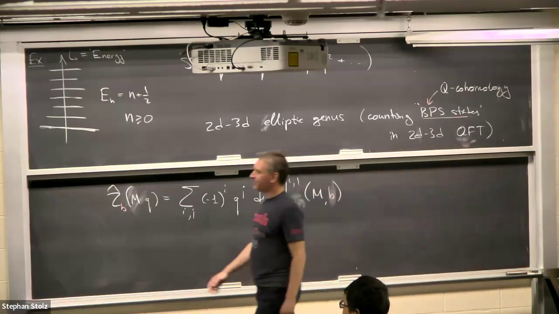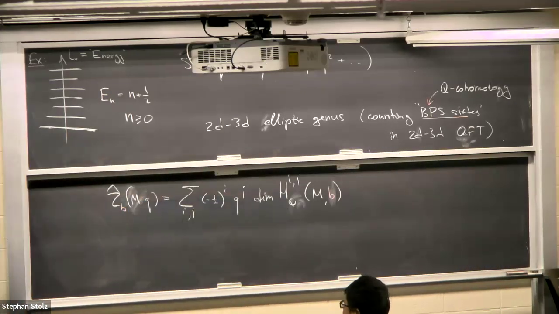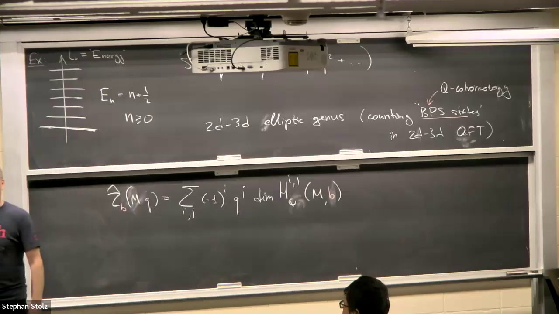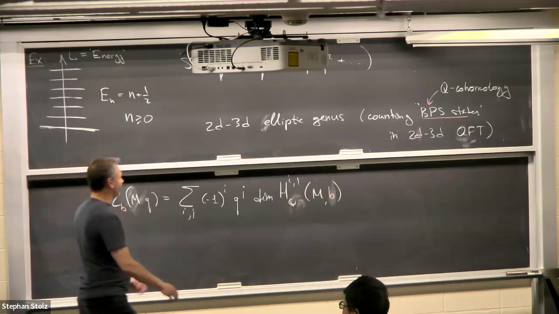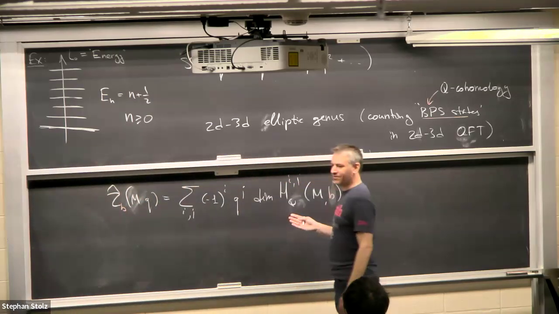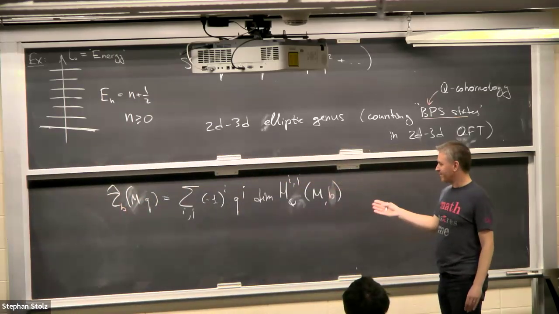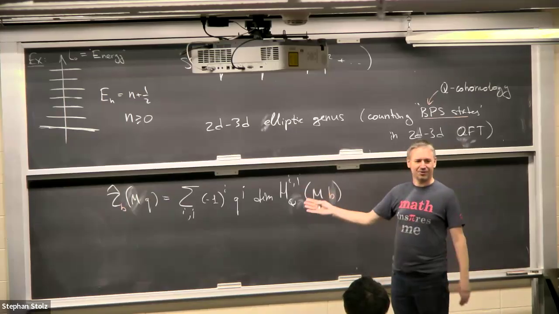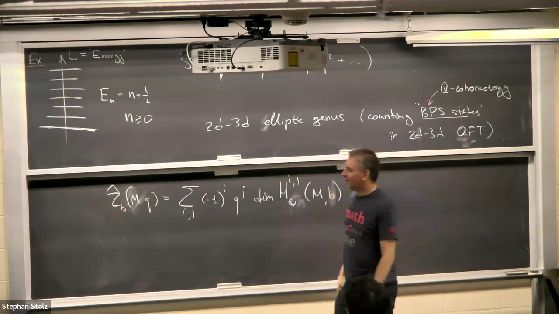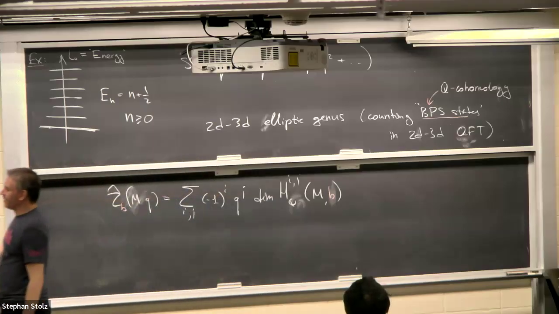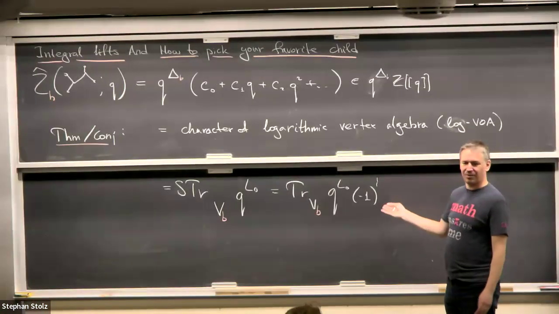In both cases, you express the same object as a graded trace, but this graded trace is from different worlds. In this case, it's from some Gukov homology over a physical system, and you care about it if you want to construct homological invariants of three-manifolds. In this one, it's from the world of quantum algebra.